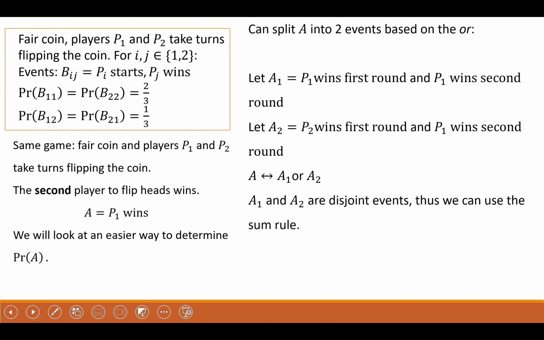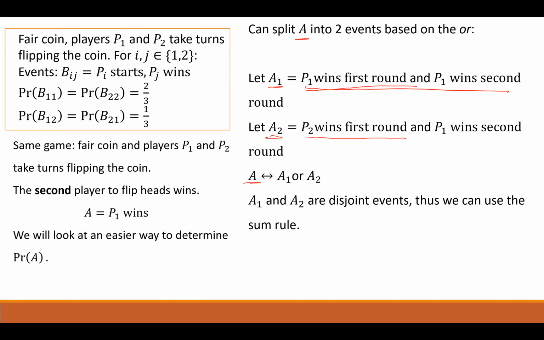So I'm going to split this event A, player 1 wins, into 2 disjoint subsets, right? If I look at all of my outcomes, some of the outcomes where player 1 wins the game, player 1 also wins the first round. Some of the outcomes where player 1 wins the game is that player 2 wins the first round.